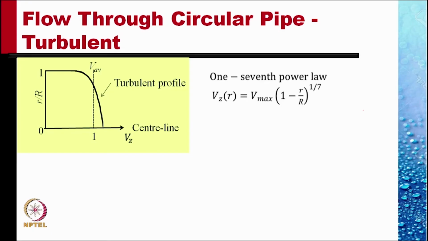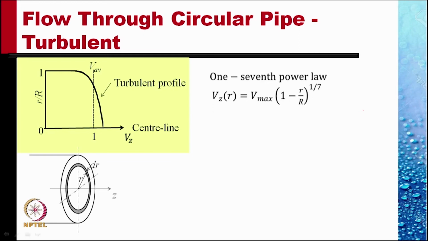One of the most commonly used turbulent velocity profiles in a circular tube is the 1/7 power law. Vz at any radius r is V max times 1 minus r by capital R, the radius of the tube, raised to power 1/7. And we find V average in the same fashion.